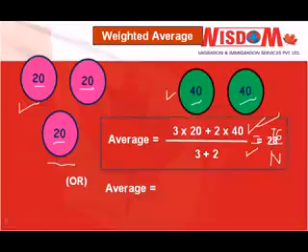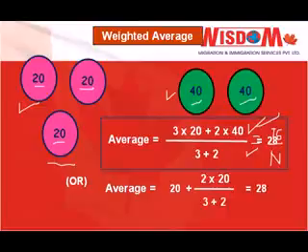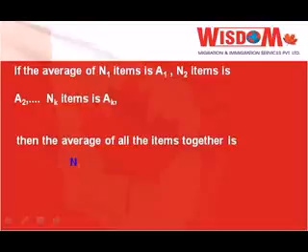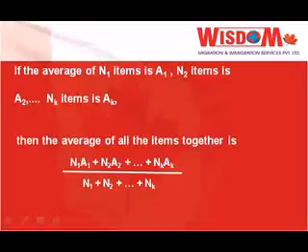Let's see what we have here. Okay, this is again another method. So let's see, I would just go ahead and summarize my point. It says that if the average of n1 items is a1 and the average of n2 items is a2, and it goes on to say the average of nk items is ak, then the average of all the items put together would be as follows.